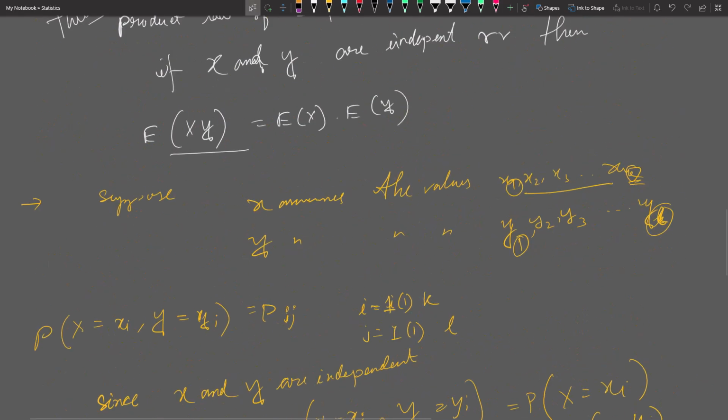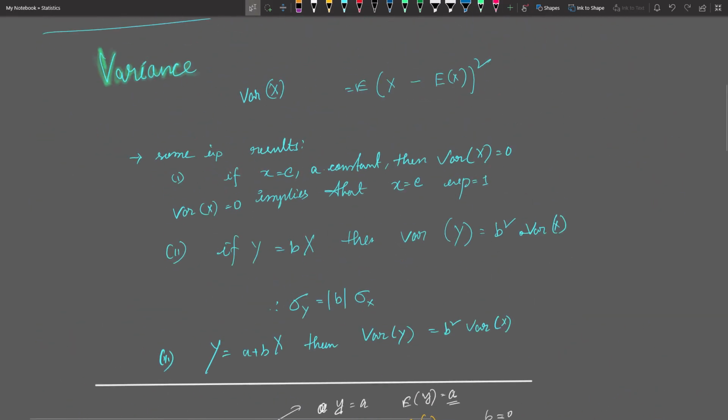And then I have to prove today these three properties of variance. This is nothing tough. You can say this is some conceptual topic, and we are going to discuss it.